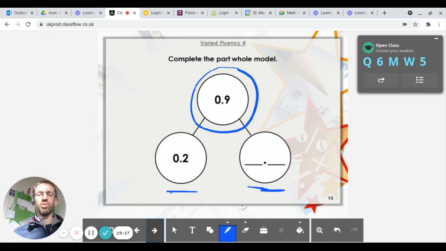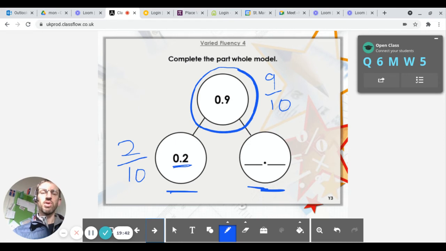I've got 0.2, which is the same as 2/10. 0.9 is the same as 9/10. What other decimal, something point something, is going to make 0.9? So if I've got 2/10, or 0.2, to get to 0.9, I need to think, what am I going to add on? 2 and something makes 9.